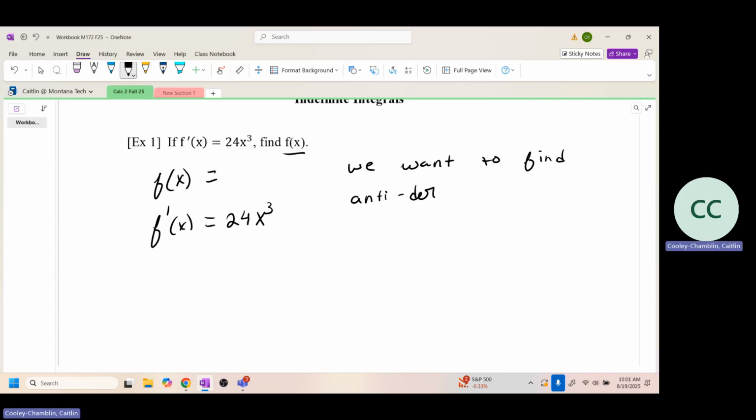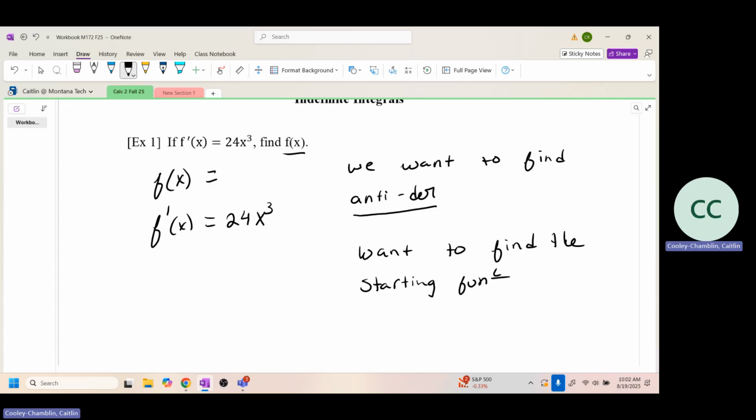Not a great speller, but that is okay. I can get you through the math. So we want to find the antiderivative. That is the proper word that we're going to use. But in non-mathy words, we have a derivative and we want to find the original or starting function.